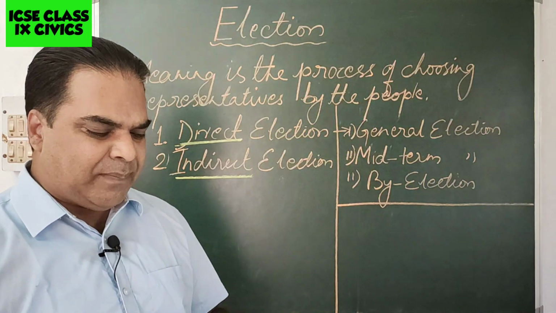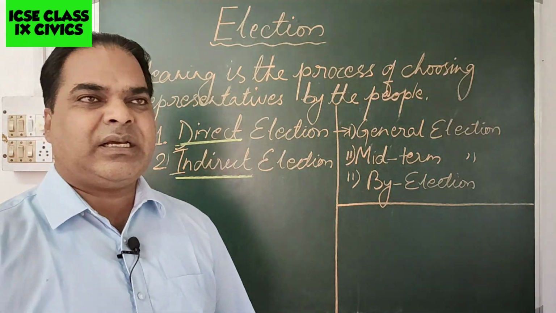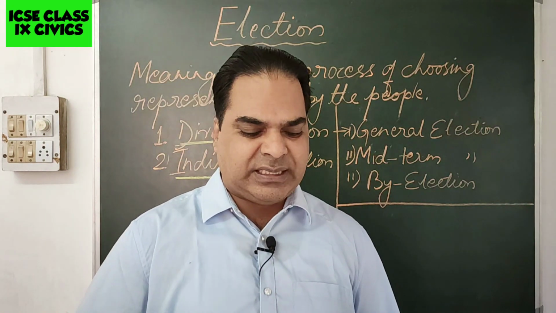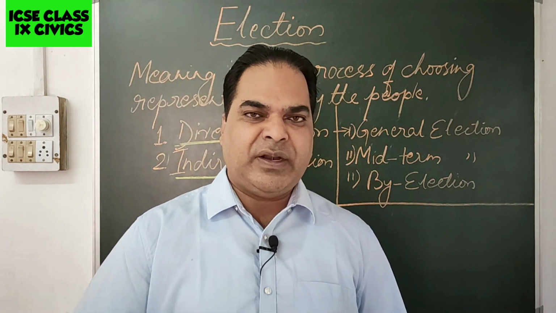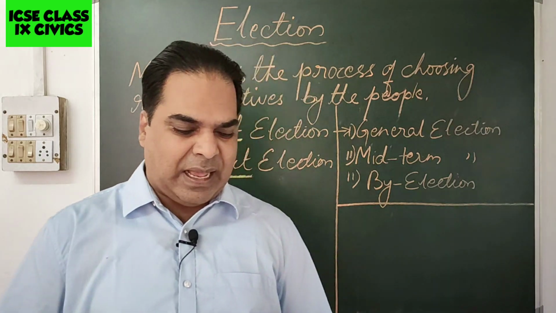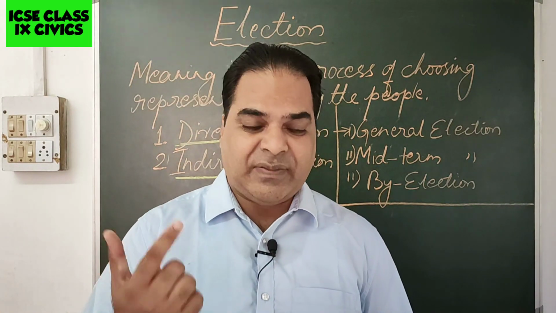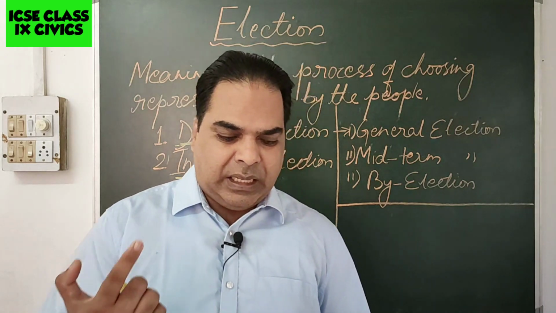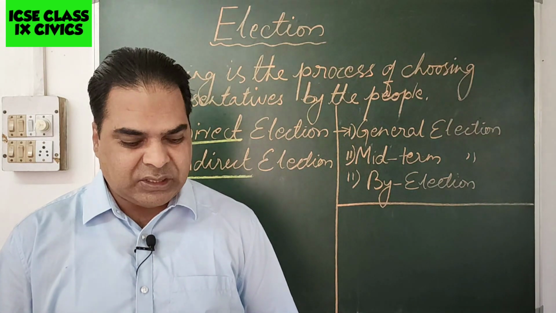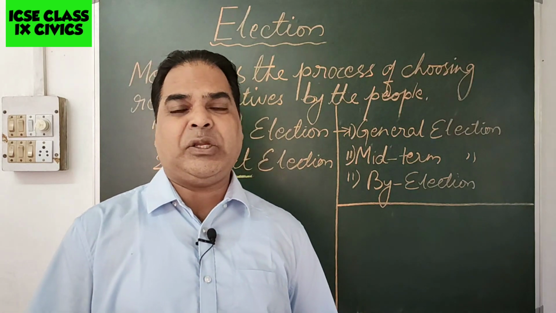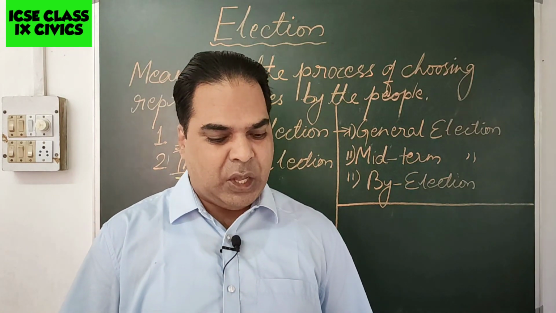Okay, another example is the legislative assemblies of all the states, where, as I told you, different numbers are there. For example, Andhra Pradesh is divided into 175 constituencies. Telangana is divided into 119 constituencies. Assam is divided into 126 constituencies.